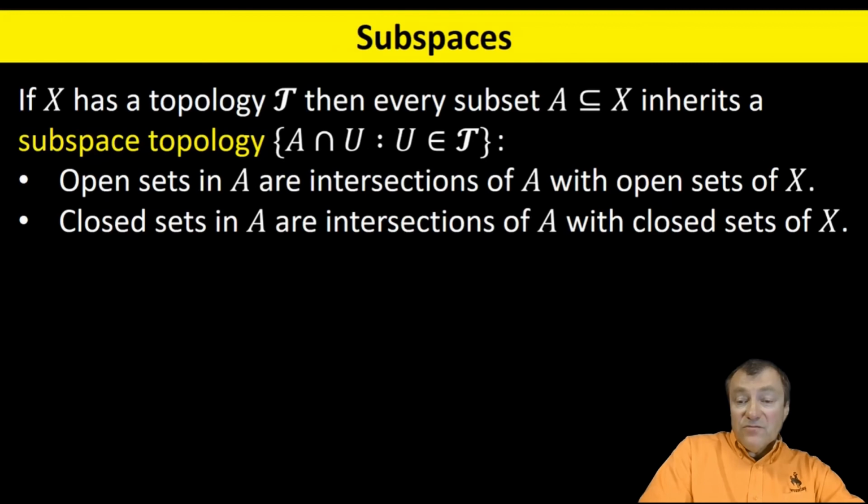Here is the general setting for the process we have been describing. Let X be any topological space with script T as its topology, and thus the collection of all open sets in X. Then every subset A naturally inherits a topology whose open sets are just the intersections of A with the open sets of X. The closed sets on A are just the intersections of A with the closed sets in X. We call A a subspace of X, and this topology for A is the subspace topology.